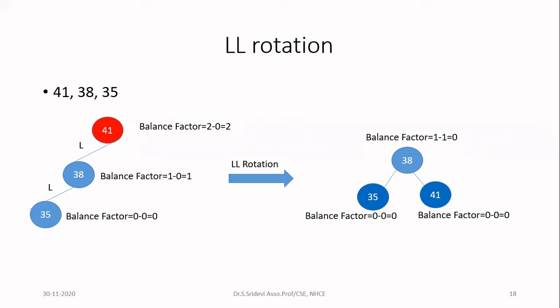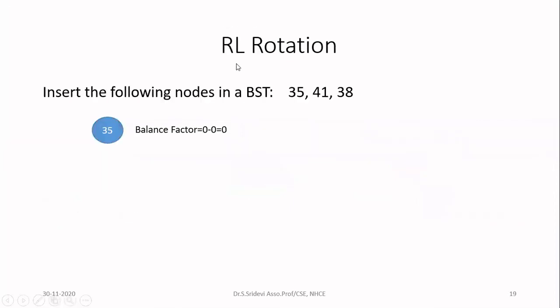Now comes a case where you are going to perform two rotations to balance the tree. One of those two methods is RL rotation, another is LR rotation. First, let us focus on RL rotation. In RL rotation, I'm assuming that my numbers are arriving in the order 35, 41 and 38. First, I'm inserting 35, balance factor is 0.